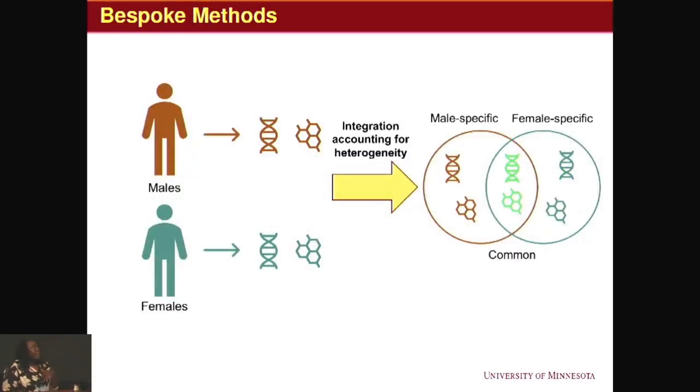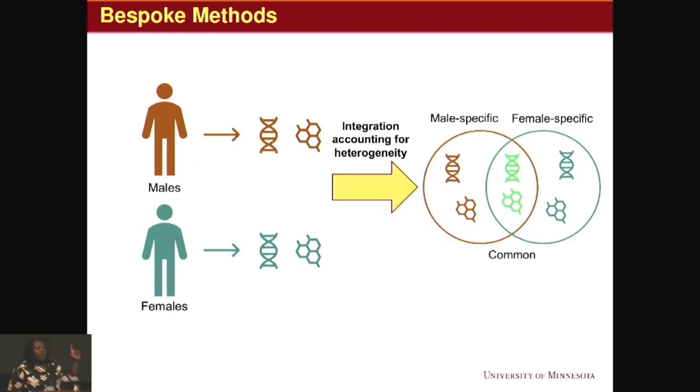When I think about bespoke methods, or methods that are a little bit tailored to help understand the disease heterogeneity, I'm thinking about a scenario where there is heterogeneity in subgroups. For instance, for a particular disease, there might be genetic differences or epidemiologic differences between males and females. Males may present differently, females may present differently.